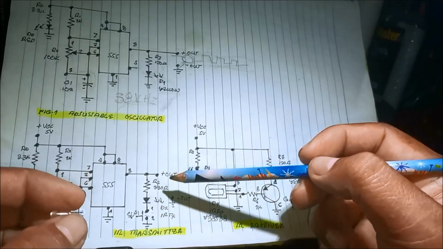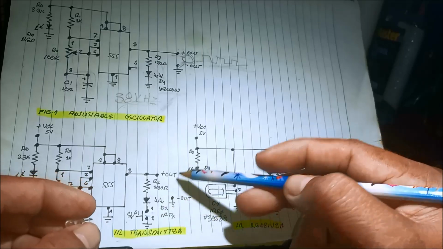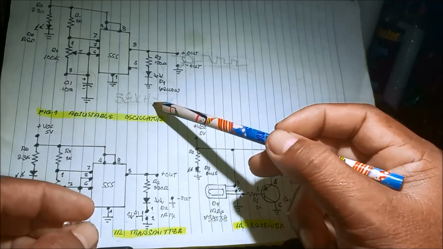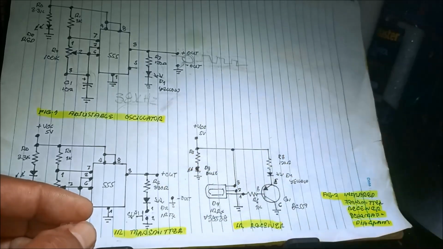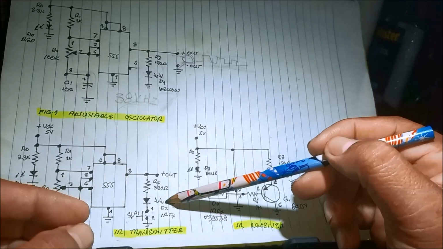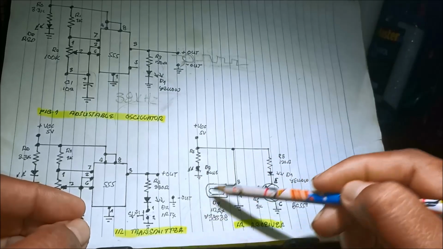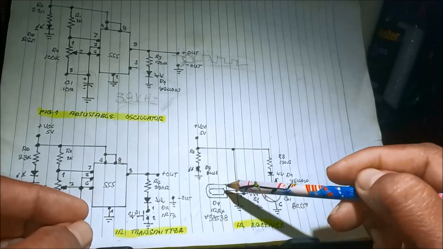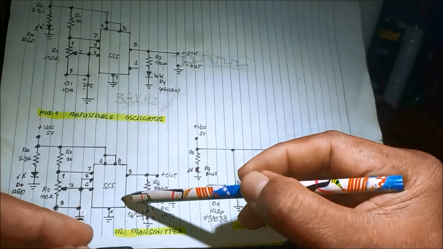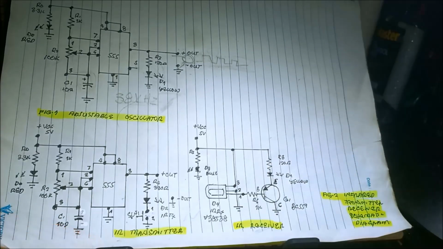So what happens here is it transmits a 38 kilohertz oscillation, a square wave signal, from the output and is received by the receiver. If there's a transmitter, we have a receiver.